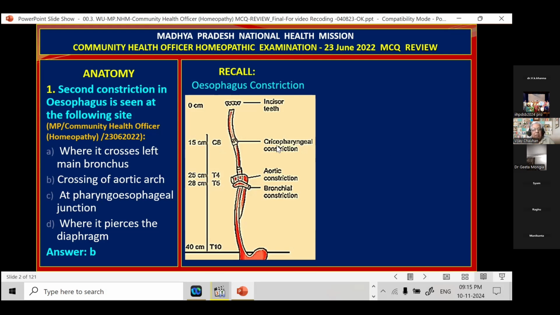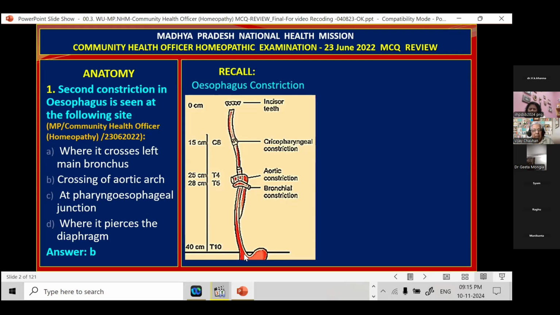The second constriction is aortic constriction, crossing of the aortic arch. Then we have bronchial constriction, where the left primary bronchus crosses it.